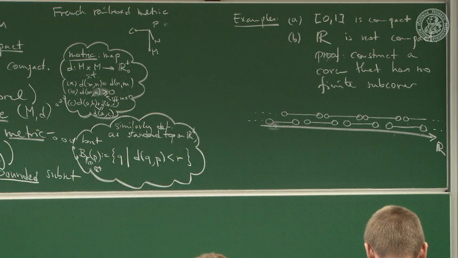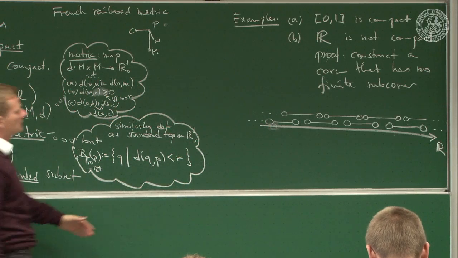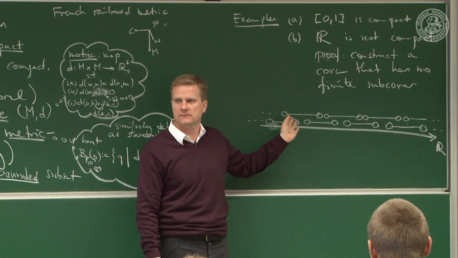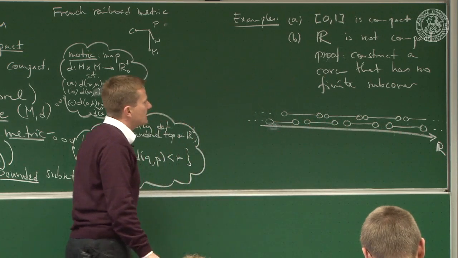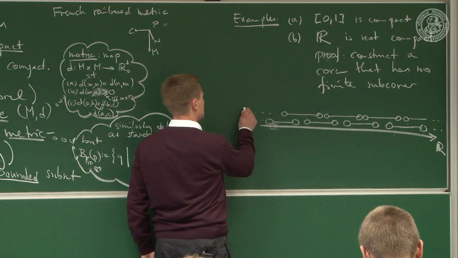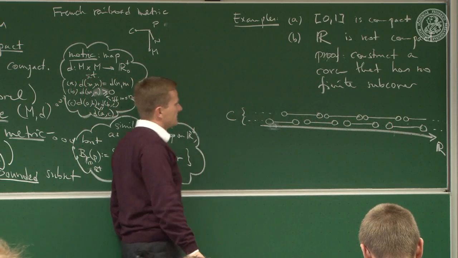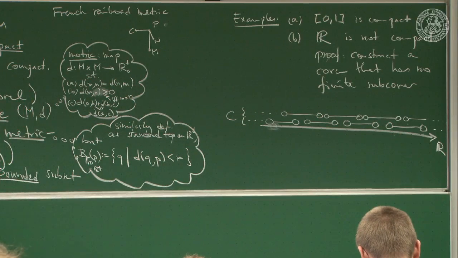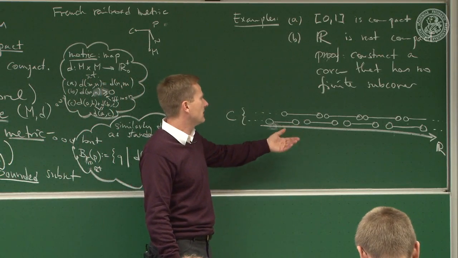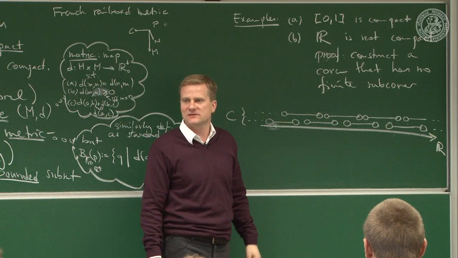If I take them all together, it's a collection of open sets, and they cover the entire line, because their union covers the entire line. But it has no finite subcover. This is the set C, which obviously has infinitely many elements. Now, if you want to find a subcover that's finite, you have to take some of the elements away, obviously.